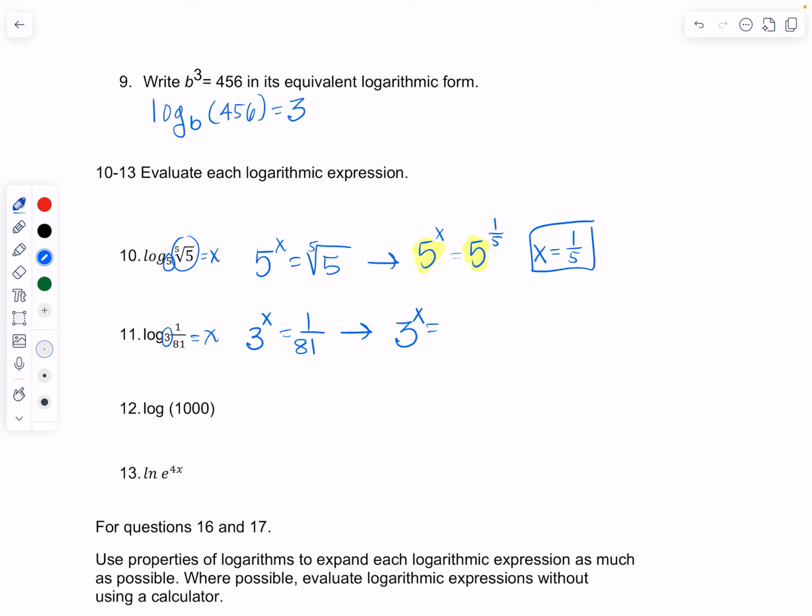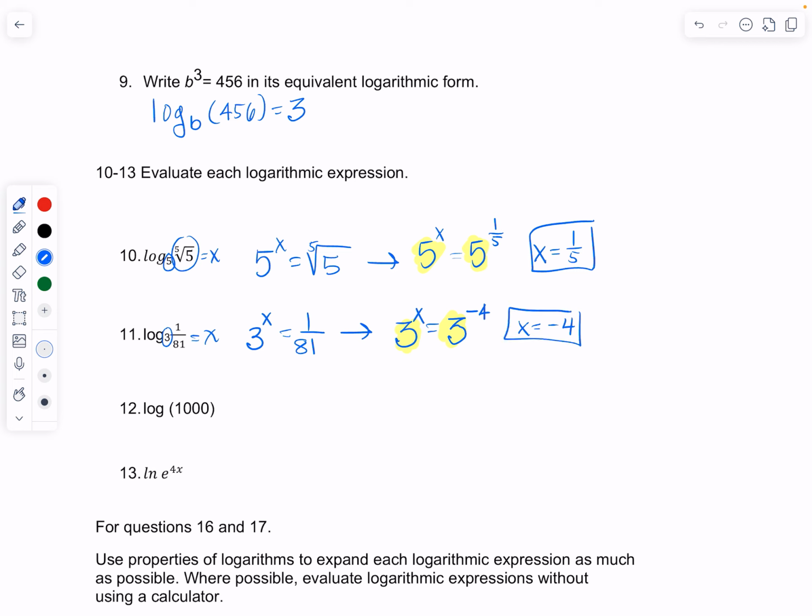Now, 81 is 3 raised to the 4th power. Because the 81 is down in the denominator, I'm going to use a -4. So 3 to the -4th will give me 1/81. So now that the bases are the same, I can say that x equals -4.